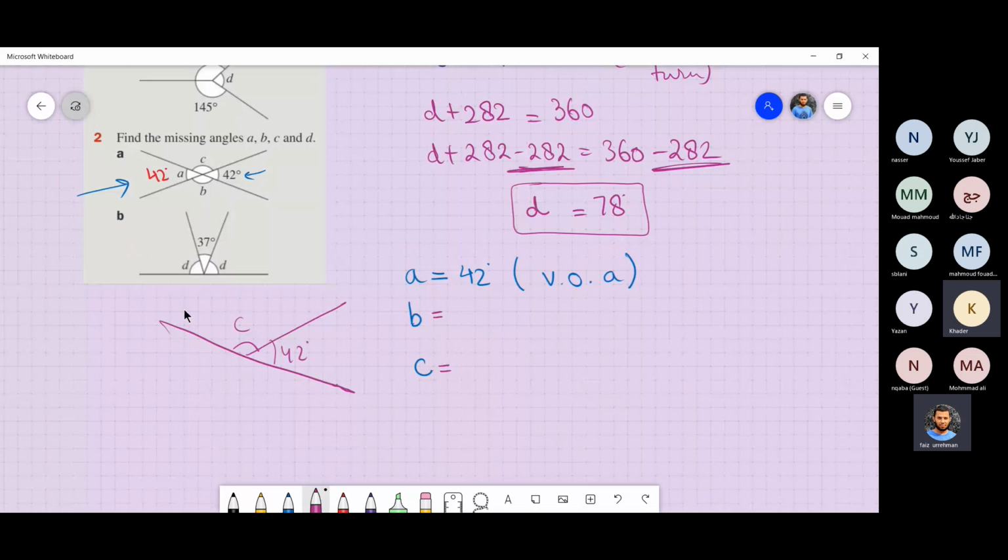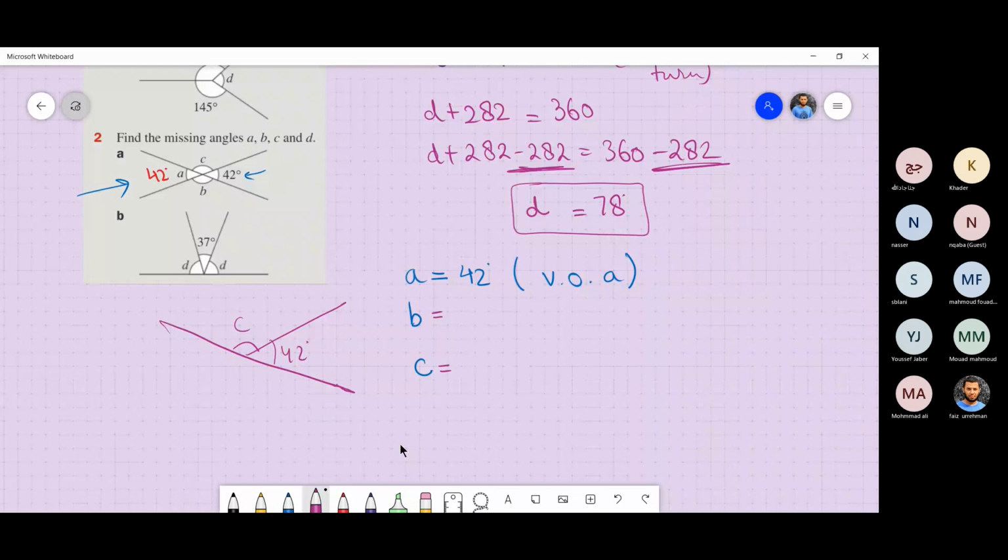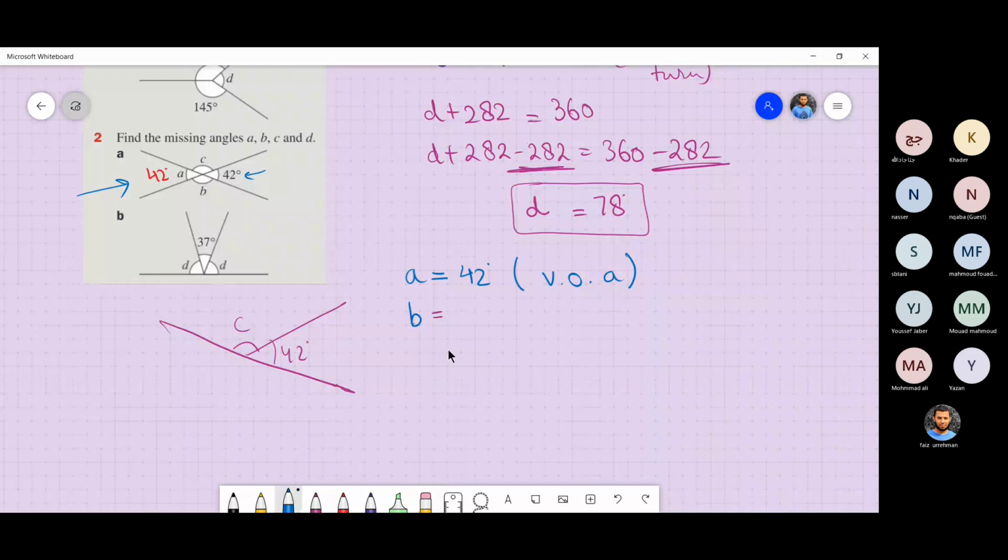This is a straight line. Straight line is how many degrees? 180. So why are you not thinking like this? 180 minus 42. So what will be the equation? C plus 42 equals 180. Yes, write it down.